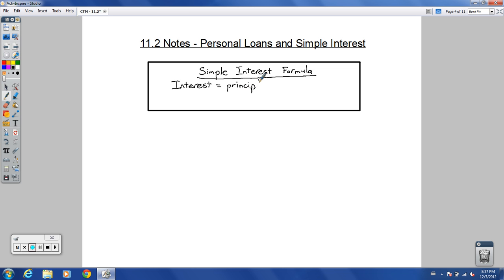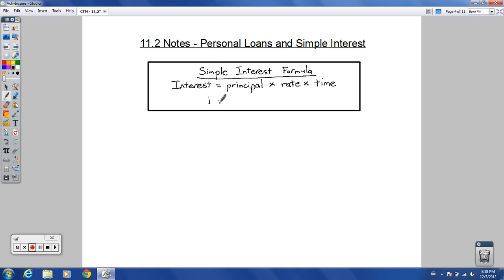Now, I'm not talking about the principal of our school here, even though that is spelled the same way, but principal times rate, the interest rate, in other words, times the time that you have the loan out for.